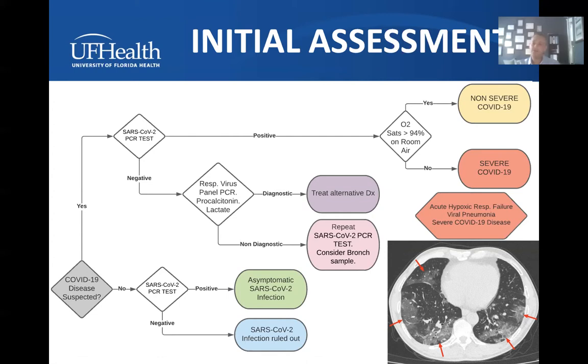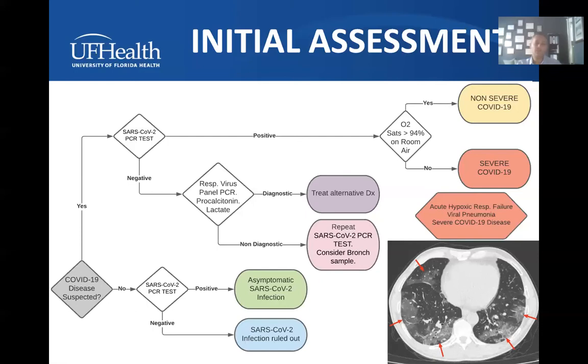If an alternative cause is found, then it should be addressed, and COVID-19 disease is likely not present. If the above tests are non-diagnostic, continue to explore an alternative diagnosis, like PE, for example, but it is also reasonable to repeat a SARS-CoV-2 PCR nasally and/or consider a bronchoscopy to obtain a deep respiratory sample.